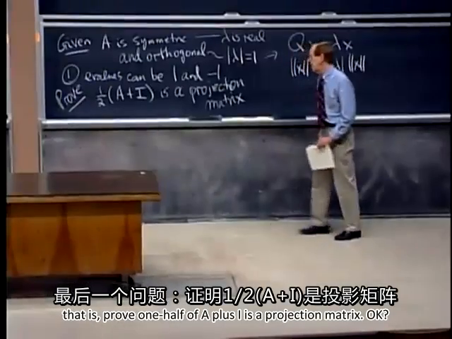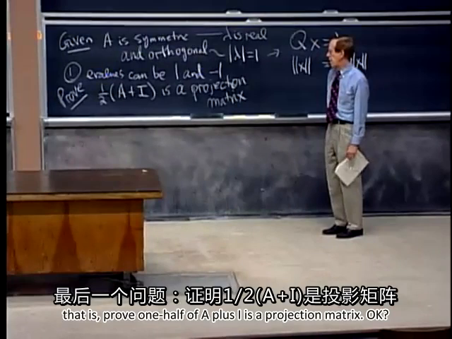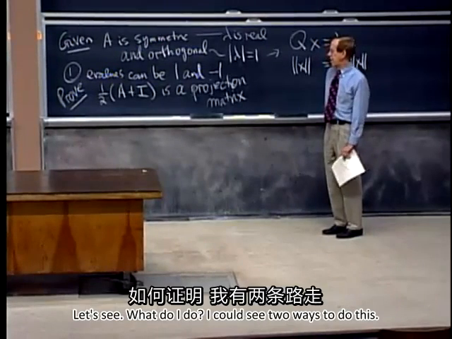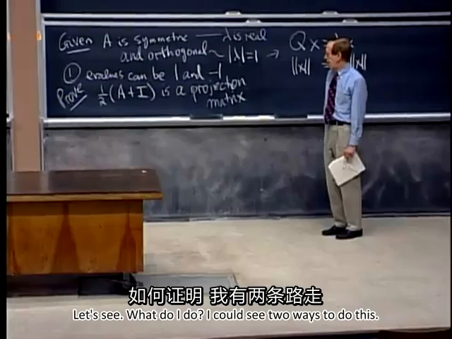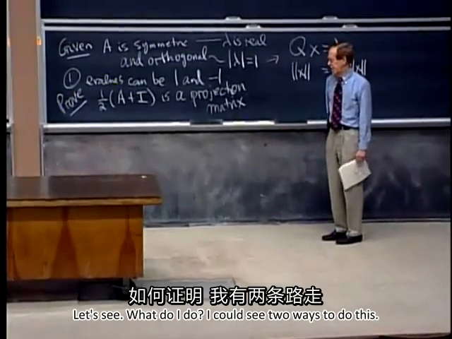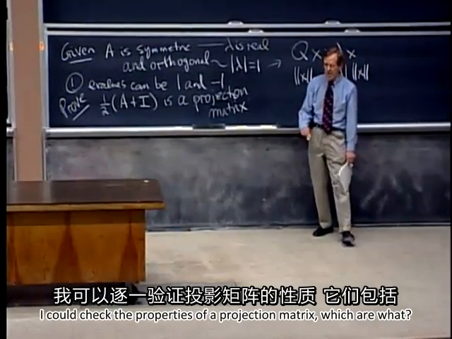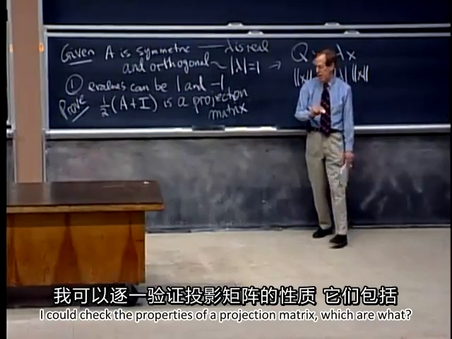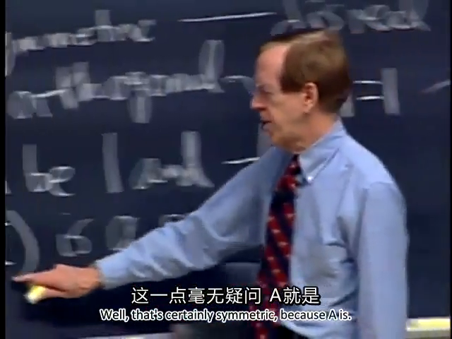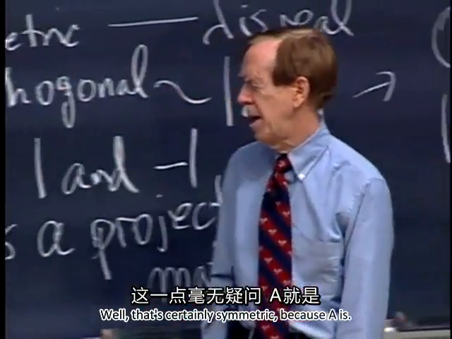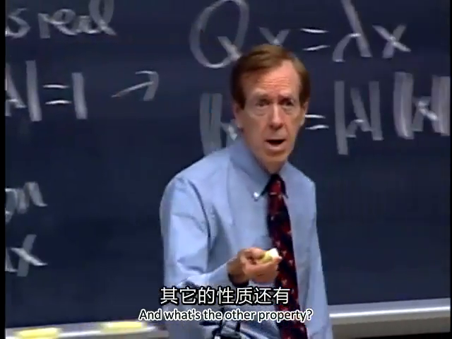Okay. Let's see. What do I do? I could see 2 ways to do this. I could check the properties of a projection matrix, which are what? A projection matrix is symmetric. Well, that's certainly symmetric because A is. And what's the other property?